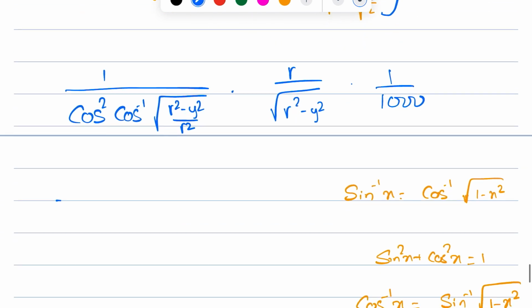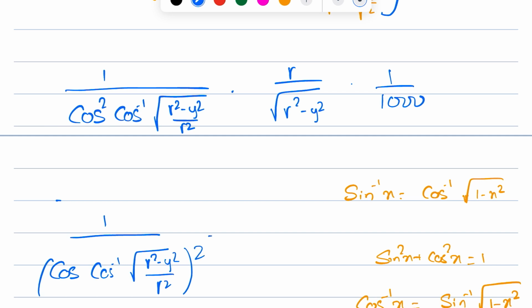Now cos and cos inverse get cancelled, but the square is still left over. So 1 upon cos of cos inverse of square root of r square minus y square upon r square, whole square, times r upon square root of r square minus y square, times 1 upon 1000.